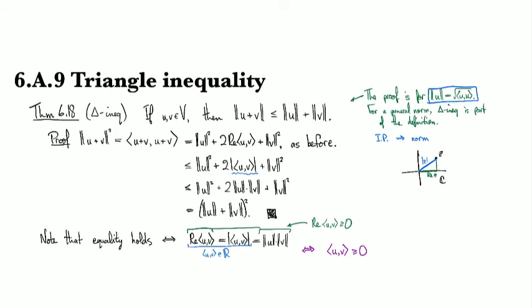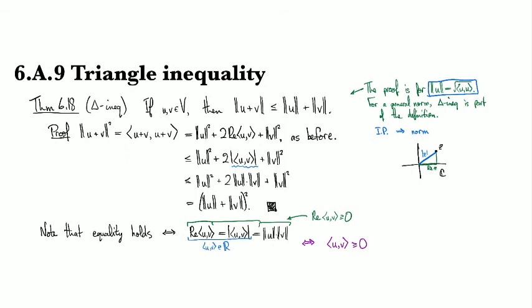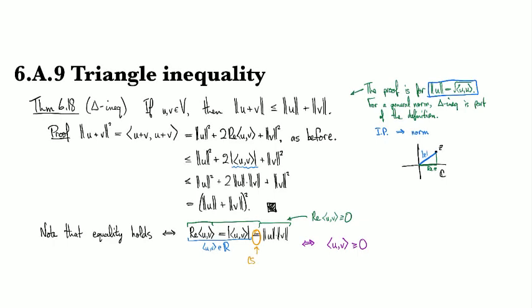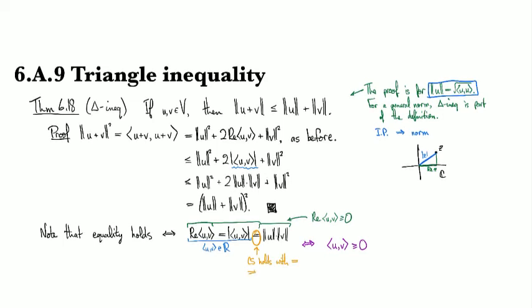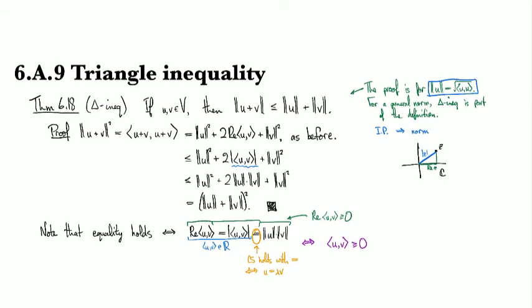All right, so now combining that with the fact that the Cauchy-Schwarz inequality here holds with equality if and only if one of these vectors is a scalar multiple of the other, here we know that lambda has to be non-negative.